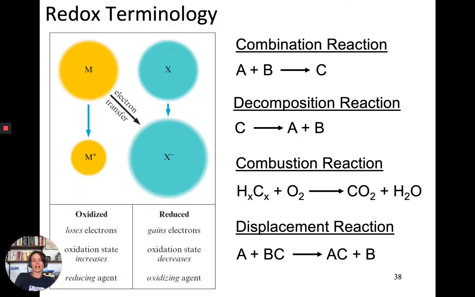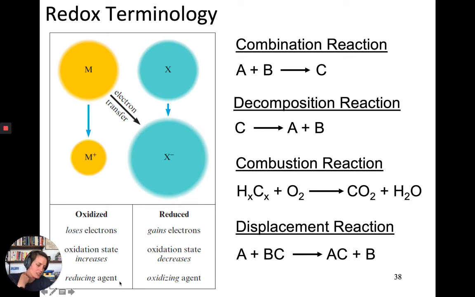Okay, so the last thing that I just want to introduce with redox reactions is this kind of interesting terminology that you need to be aware of. So if a species is oxidized, it loses electrons and its oxidation state goes up. It is also known as the reducing agent.